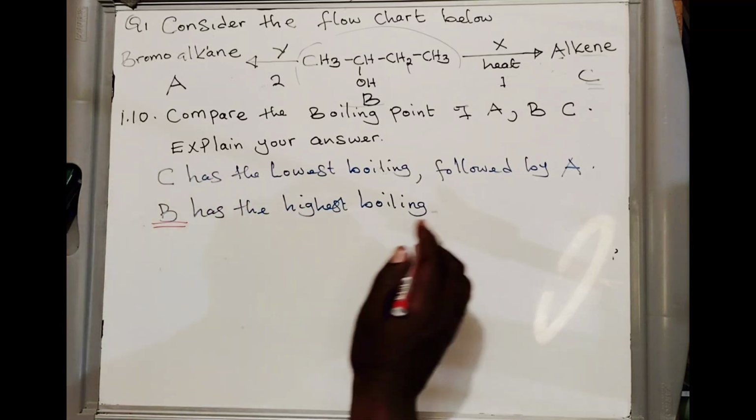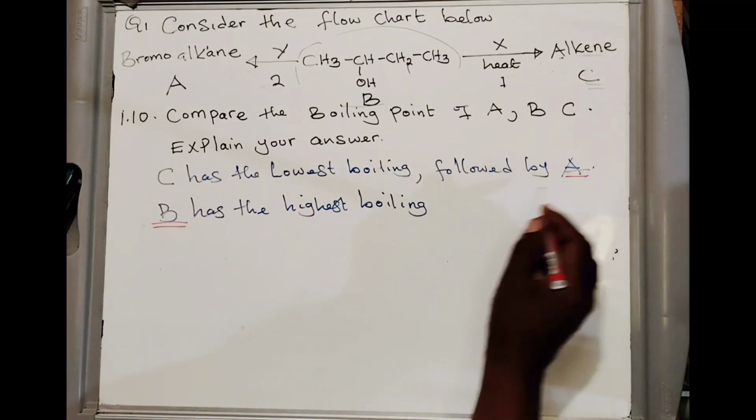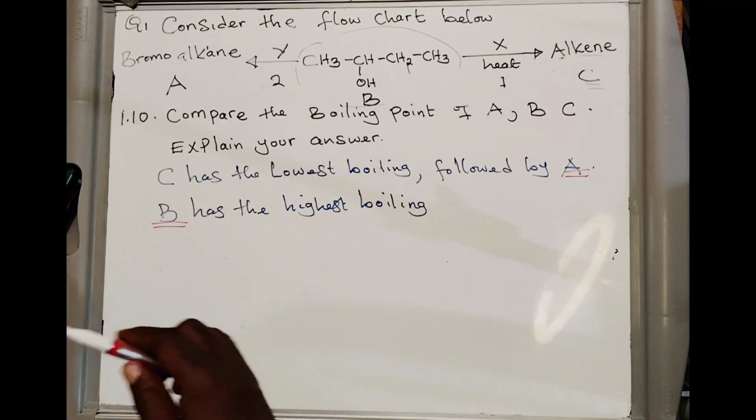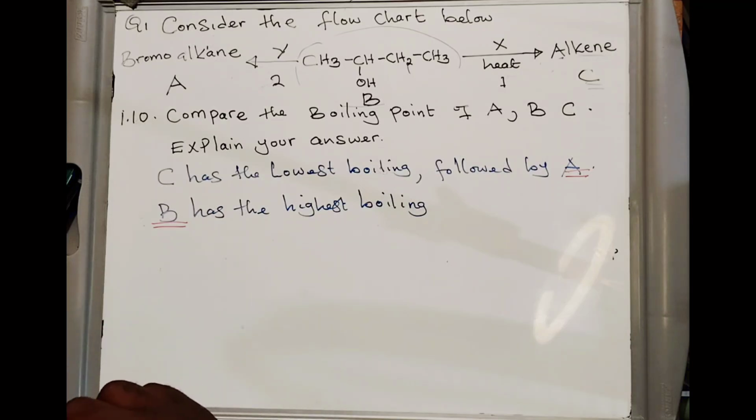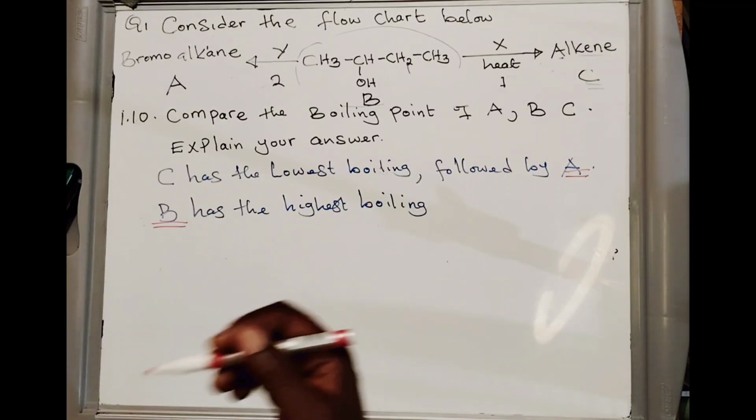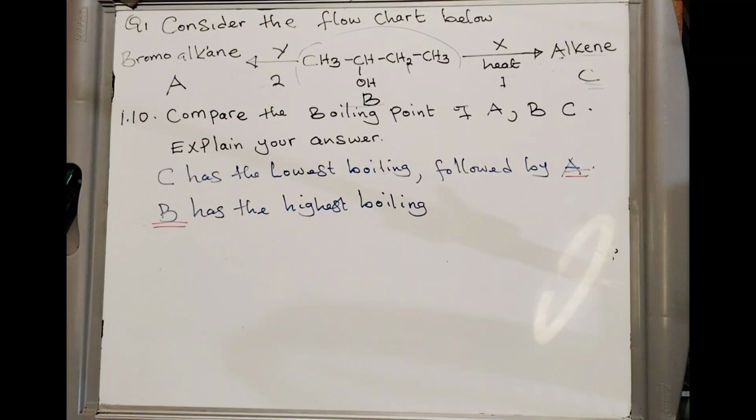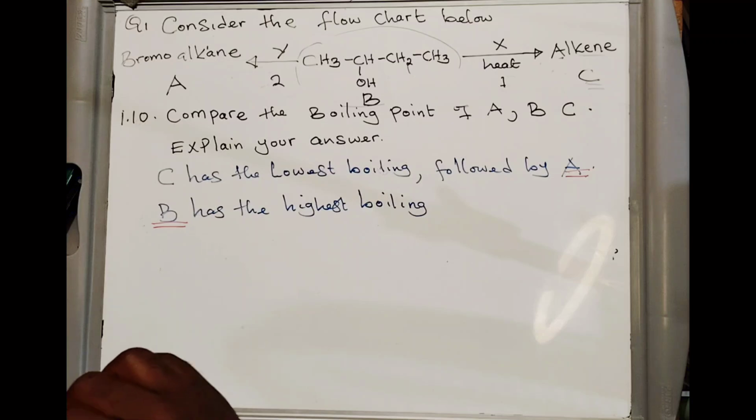When you come to A, it belongs to haloalkanes, and it has dipole forces, which are stronger than London forces, which are found in C. So the explanation lies in the nature of intermolecular forces.